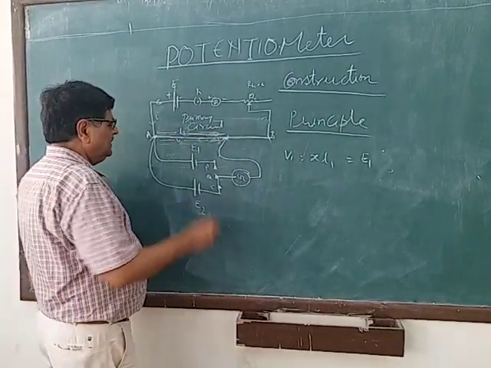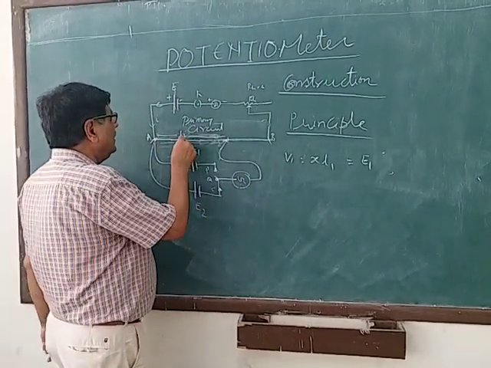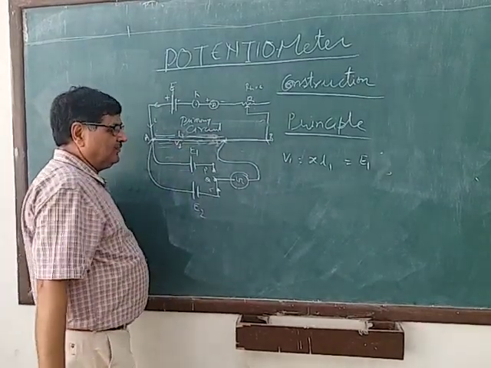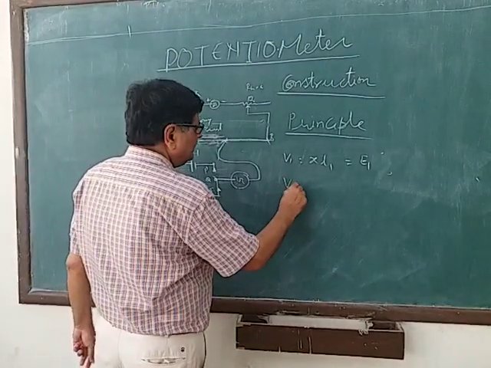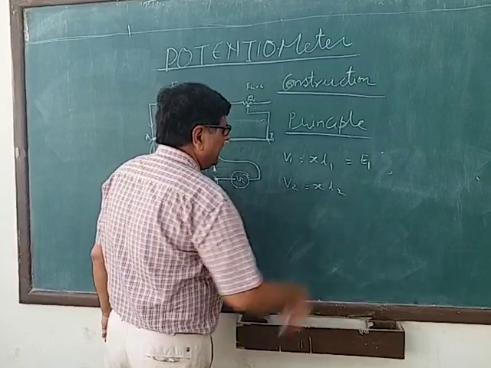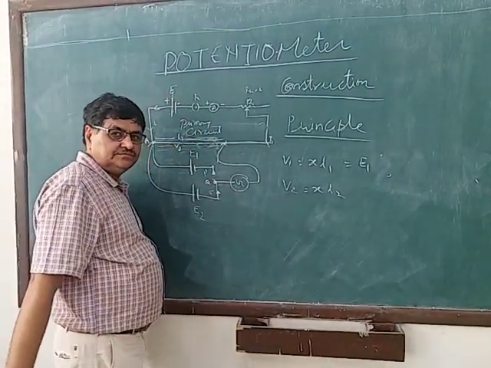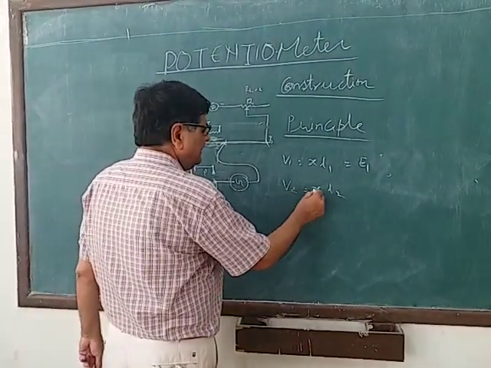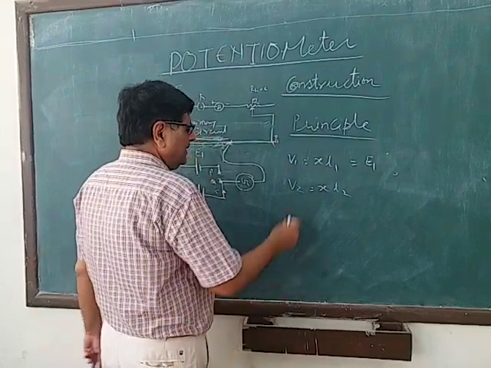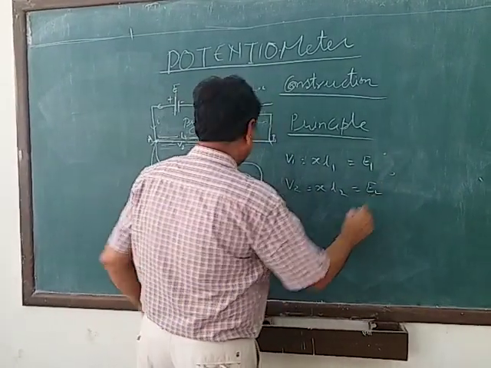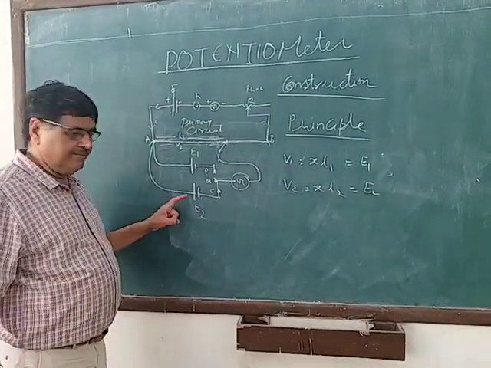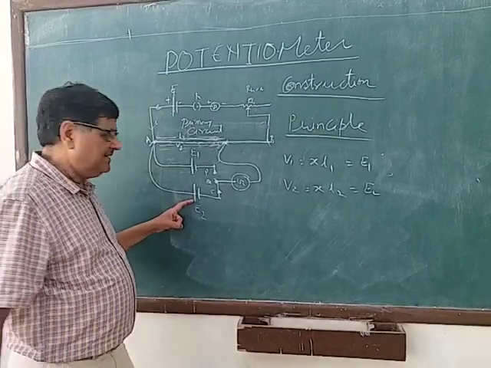Got my point? Now suppose this is V2. What will be V2? V2 will be X L2, and it is nothing but E2, the EMF of the second cell.